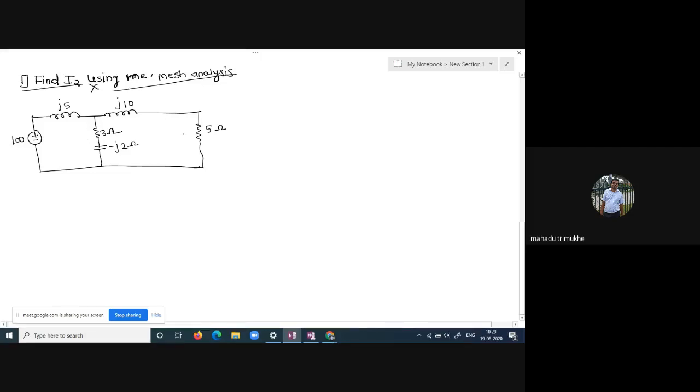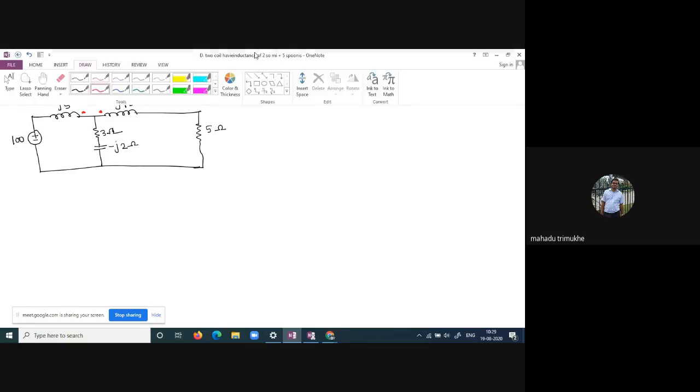The dots are given here. The first dot is here, and the second dot is at the second coil. Which dot rule do we have to apply here? The second dot rule, yes, exactly.